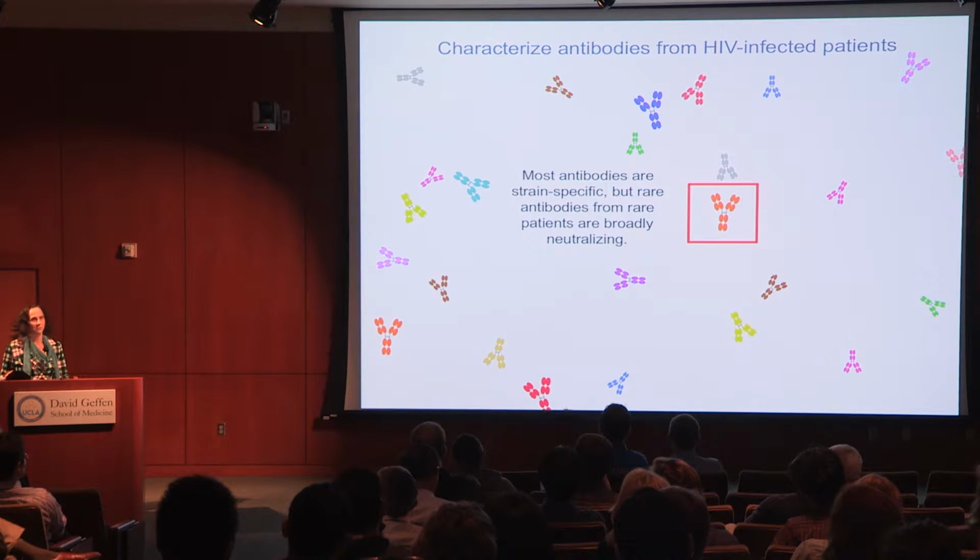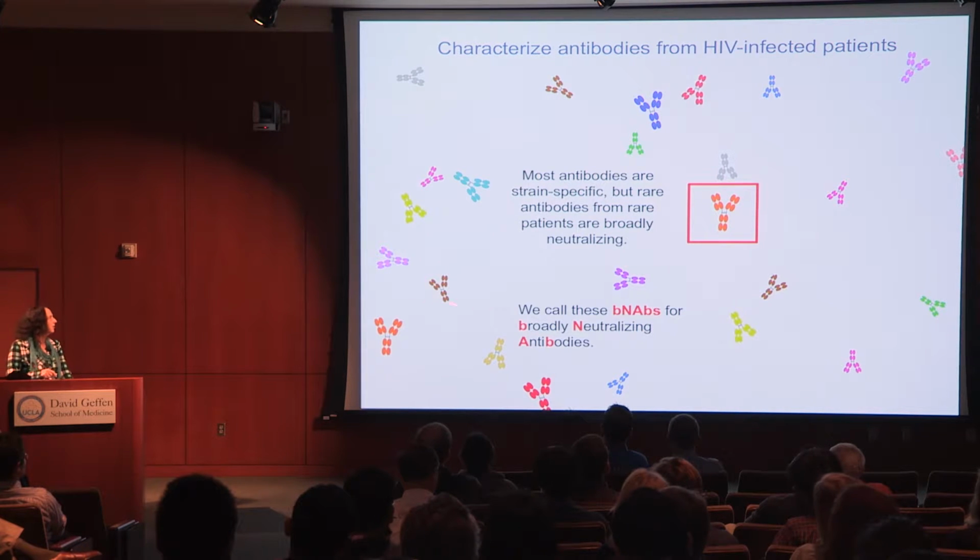So this is a problem with trying to make a vaccine, and it's a problem with isolating these broadly neutralizing antibodies, but there are some that have been characterized, and as I said, they might get more than 50% of the strains that you would test in the laboratory. We call those types of antibodies BNAbs, for broadly neutralizing antibodies.